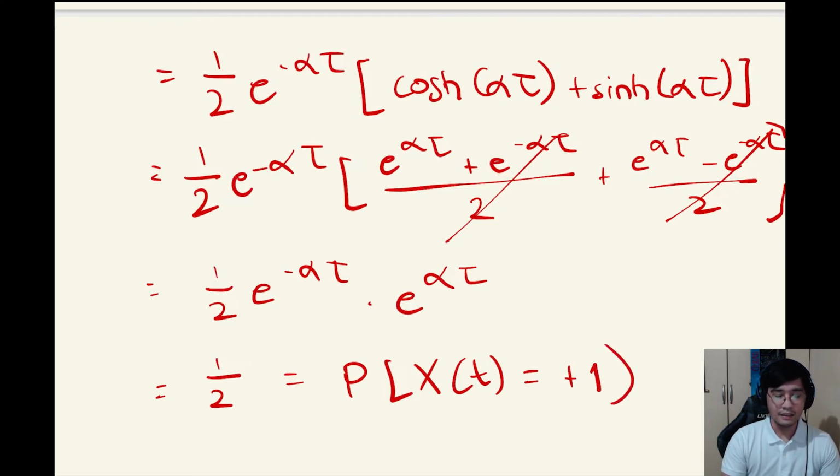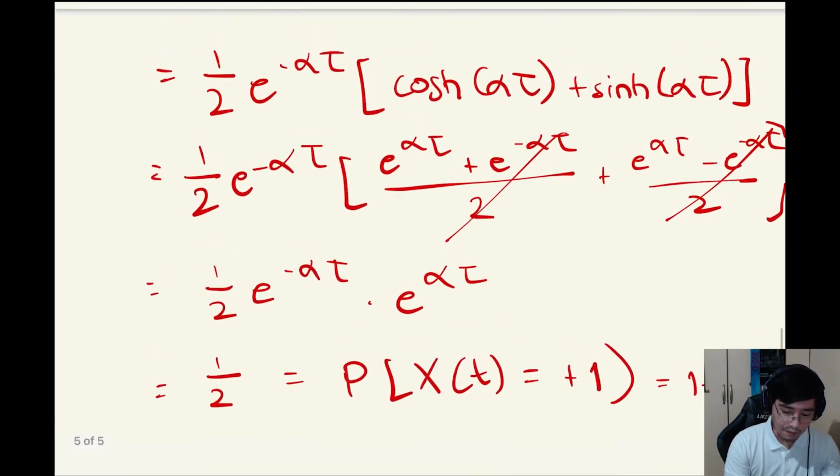Okay? So, to get the other outcome, which is the probability that x of t is equal to negative 1, you could repeat the process, but we know from the axioms of probability that this is equal to 1 minus the probability that x of t is equal to positive 1.